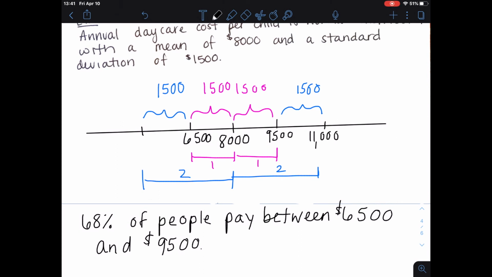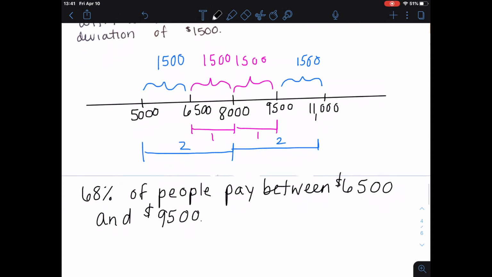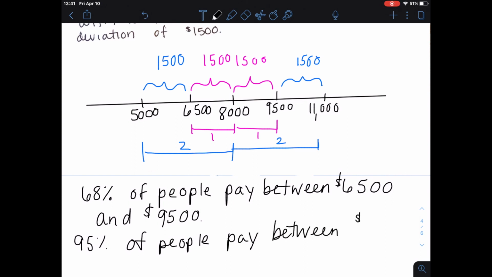And then the 6,500 minus 1,500, this will be 5,000. So between these two data points, 95% of the people will have paid within this range. So now 95% of people pay between $5,000 and $11,000 for childcare.